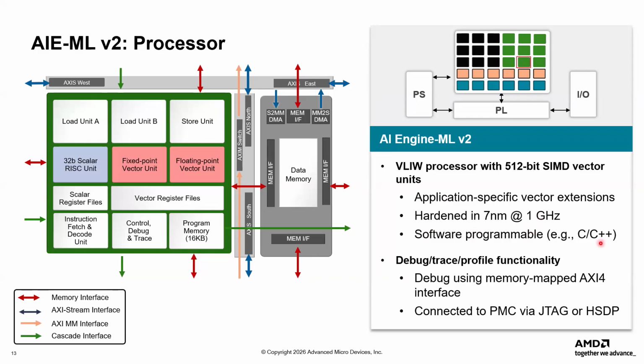You're going to be creating C, C++ functions, but that's about the point where the recognition and familiarity goes downhill, because you're going to need to use the specific APIs and the specific data types that AMD has created for this. That's the part where you are going to be looking at something that you've never seen before. But once you get that down, you can 100% take advantage of this. There is debug trace functionality.